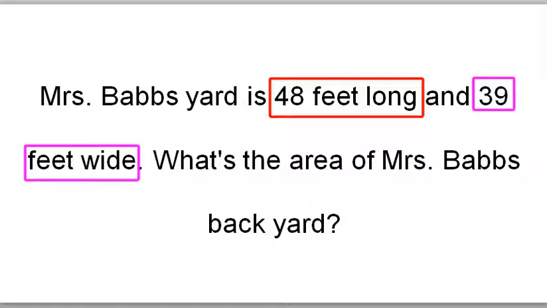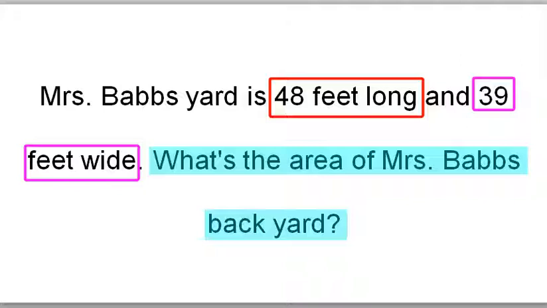So long would be the length, wide is going to be our width. And then our question that we are trying to answer today is, what is the area of Mrs. Babb's backyard? And I really want you to focus on that word area. That part is really important.